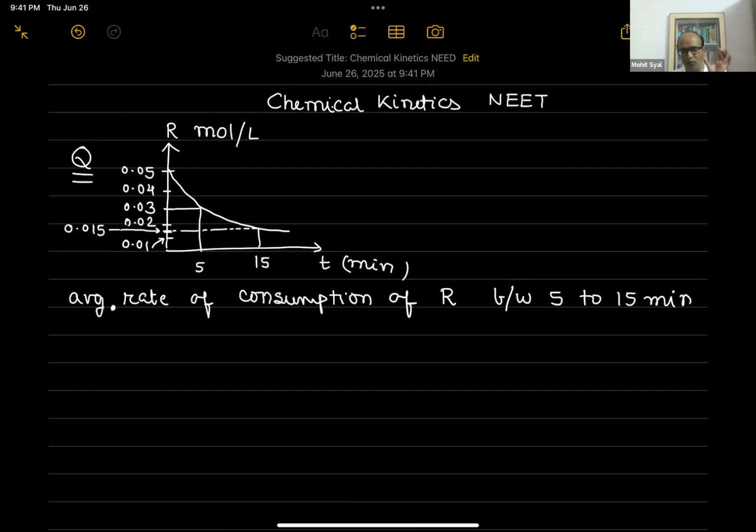Average rate, you take the total amount of reactant which has reacted, by taking the difference, divided by time. Got it? The answer should be something into 10 to the power minus 4 mole per liter per minute.